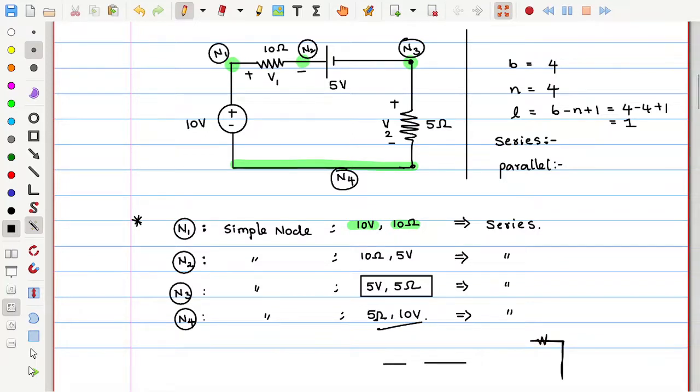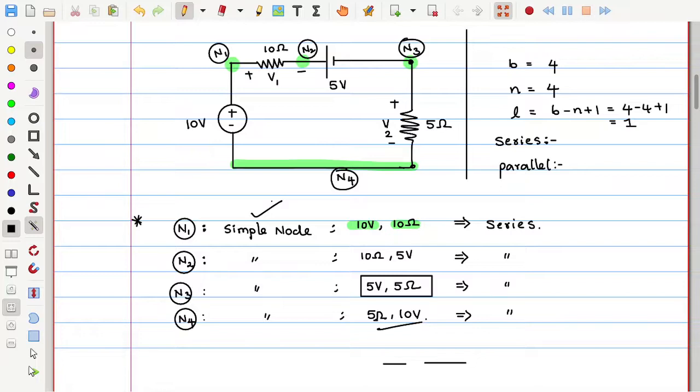Here you have 5 ohms, 5 volts, and here you have 5 ohms. But it is not a matter of shape, how it is aligned or how it is placed. What matters is the type of node in between those elements. If it is a simple node, blindly say that those are connected in series.